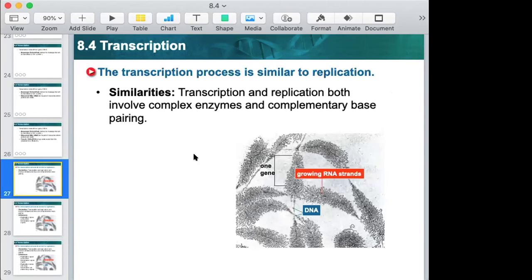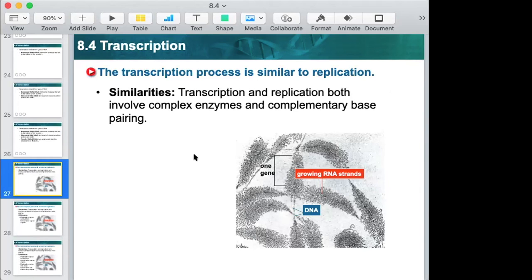Okay. Transcription and replication. These are both pretty similar. You're copying DNA. It's just that for transcription, you're only looking at one gene and you're turning that DNA into RNA. But they both use a complex enzyme.